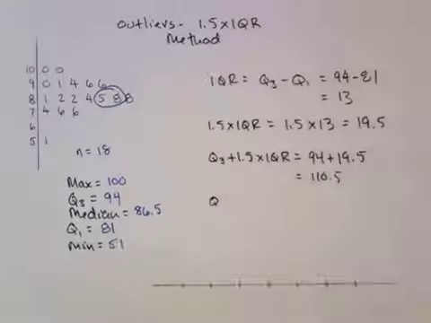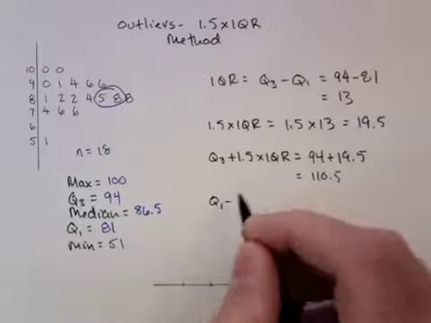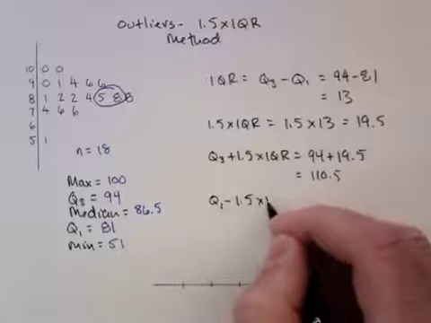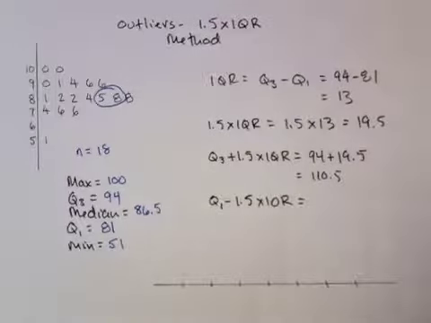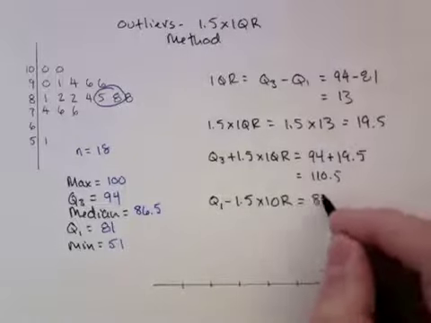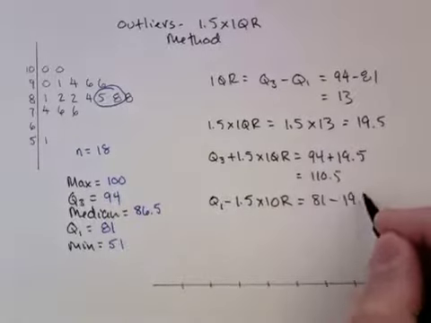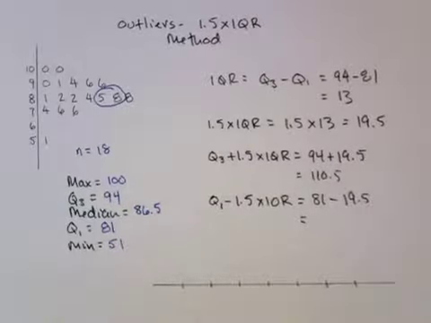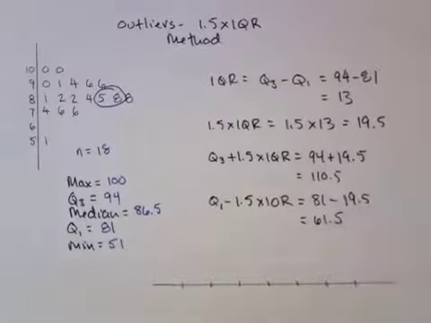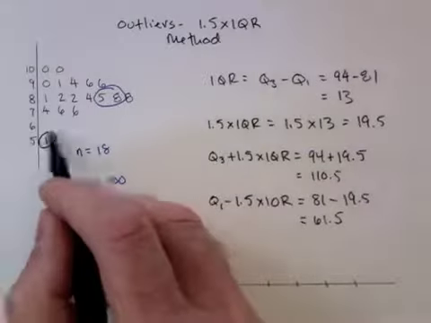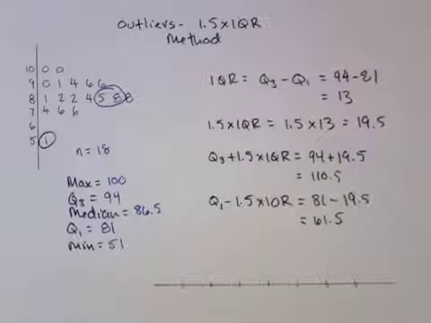Then we're going to take the first quartile and subtract 1.5 times the IQR, and that's going to give us 81 minus 19.5, which is 61.5. And we find that we do have a value less than 61.5, namely 51. So we have one outlier, and it's on the low end.